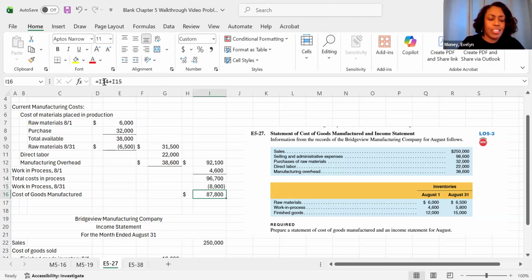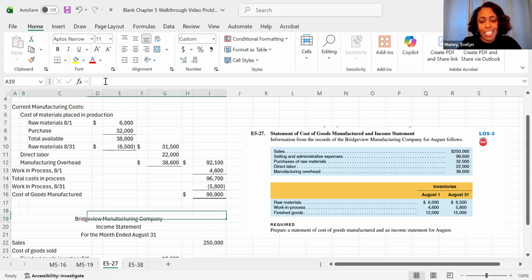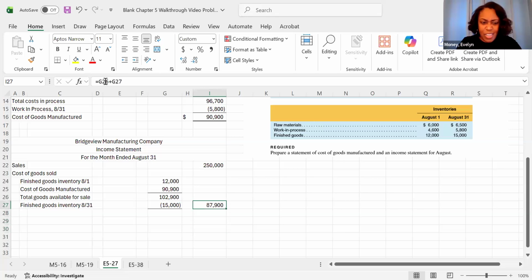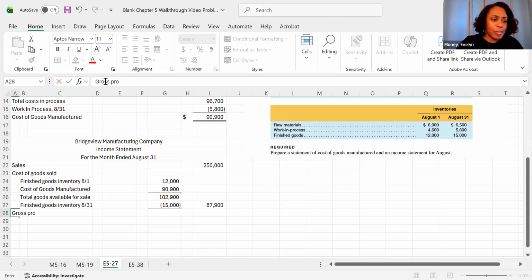Did I change it right? I don't think so. Goodness gracious, what did I do? I changed the wrong thing. Negative 5,800. Okay, that's better. 90,900 and then 87,900. Okay. See how you make a mistake in one area and then it flows through to the next area?